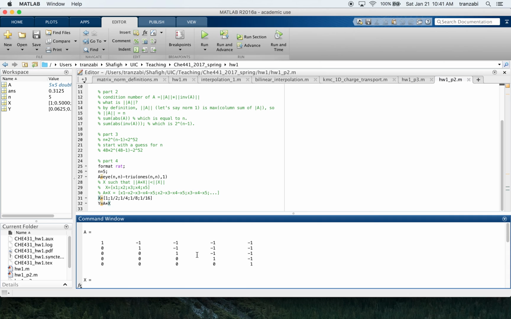So it's already upper triangular, and you can easily start from the last row and do back substitution. Because of that, Gaussian elimination has no work to do. The question is, what are the pivots? Well, pivots are the elements on the diagonal, which in this case are all ones.